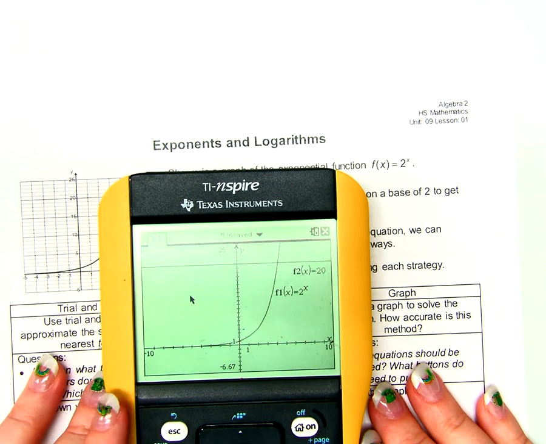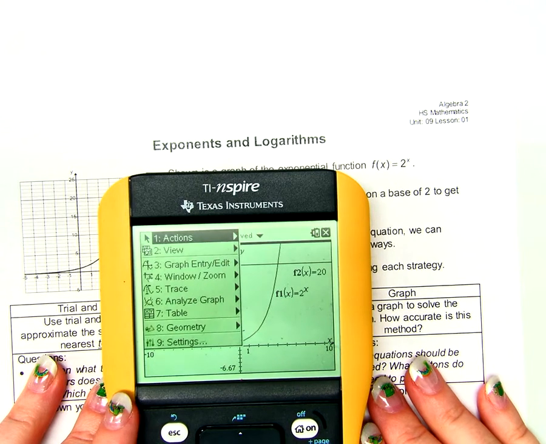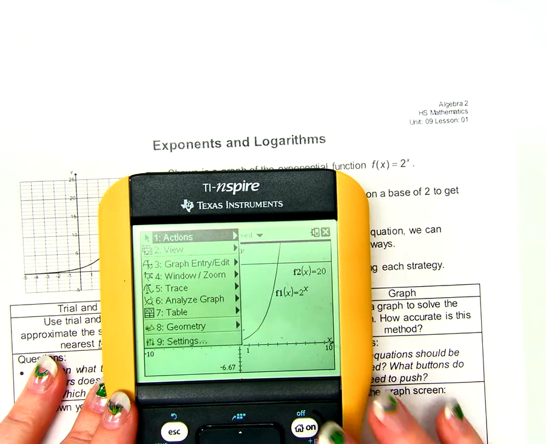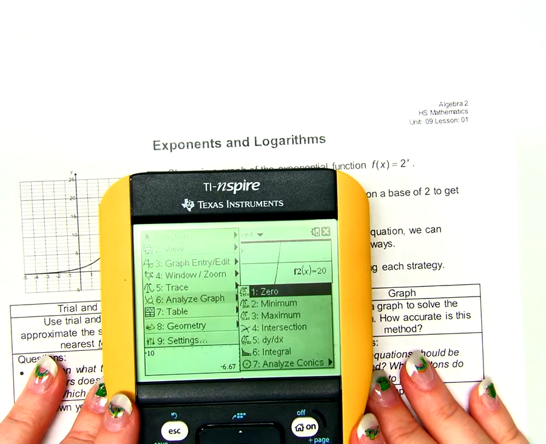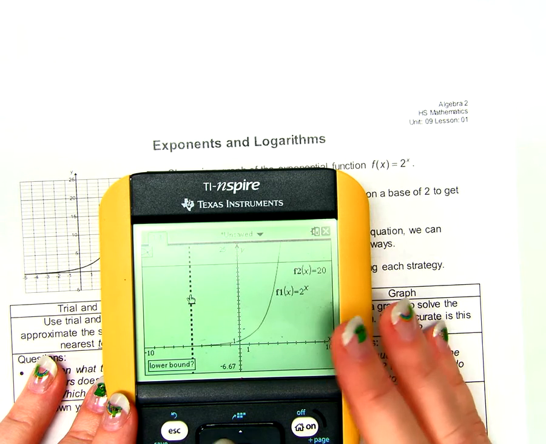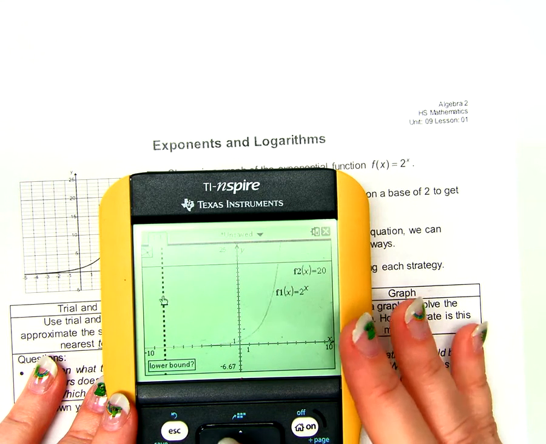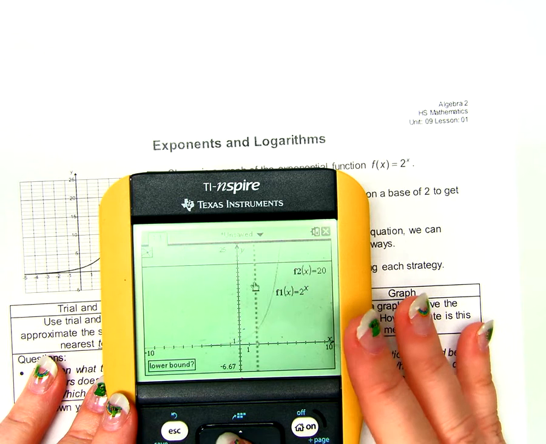How do I find where they intersect? Menu, analyze, intersection, lower bound. What does that mean? I have to move it to the left? Oh, to the left of the intersection.